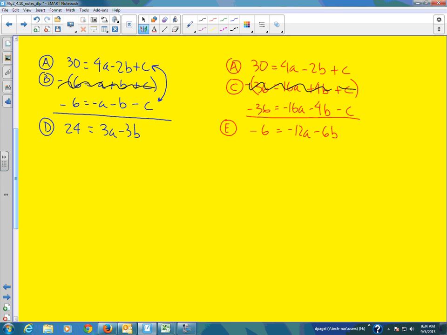So we're going to take equation E and put it over here: negative 6 equals negative 12a minus 6b. Remember, when you're solving these systems by the elimination method, you want to line up the proper numbers in their position, so the constants line up, the a's line up, the b's line up.